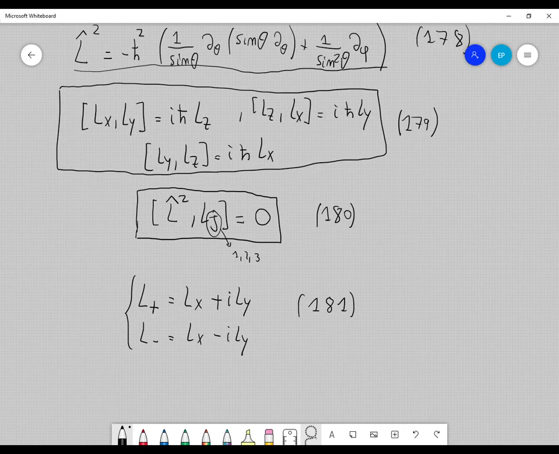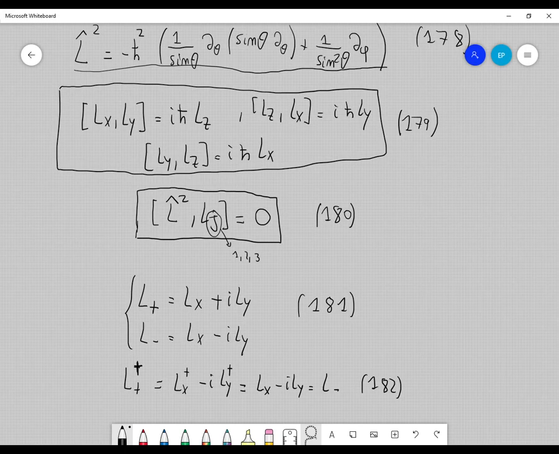Notice that if you take the dagger of L plus, you will get Lx dagger, and then you have minus i Ly dagger. But Lx and Ly are Hermitian operators because they are related to angular momentum. So you can measure angular momentum, its eigenvalues are real, therefore you have Lx minus i Ly, which is equal to L minus. Okay?